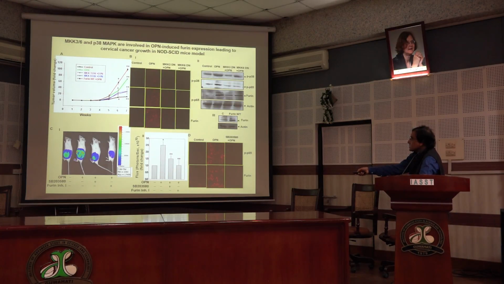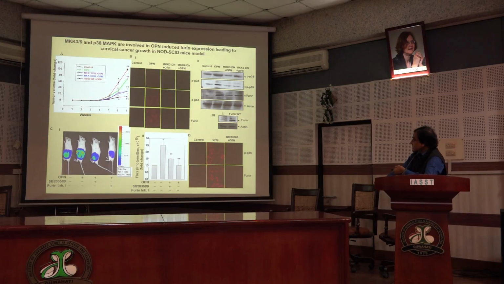And then we tested a couple of druggable molecules like a P38 MAPK inhibitor, SB203580, or a furin inhibitor, that suppress cervical tumor growth. So this has been analyzed because this in vivo imaging, for some of you who are working in cancer or other disease-related areas, is one of the latest technologies in terms of screening drugs in in vivo models.